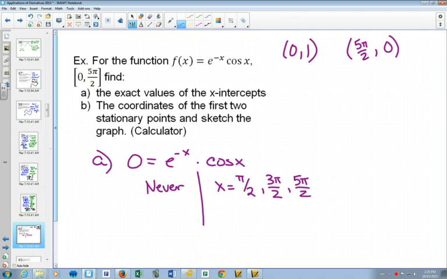This is why guessing and checking is a very bad option in this one. Because if you guessed and checked, you'd never find something. Now, why is it never? What was the reasoning you came up with, or how did you reason that you came up with never?